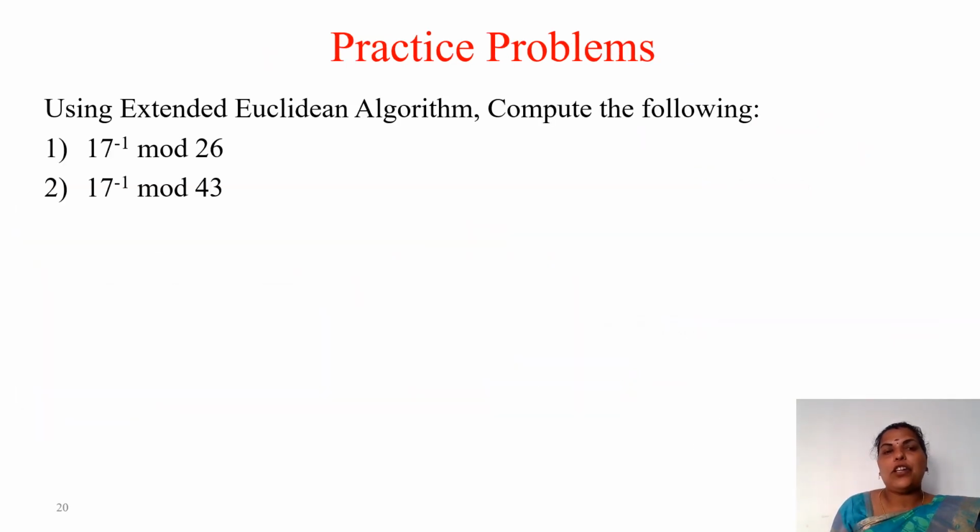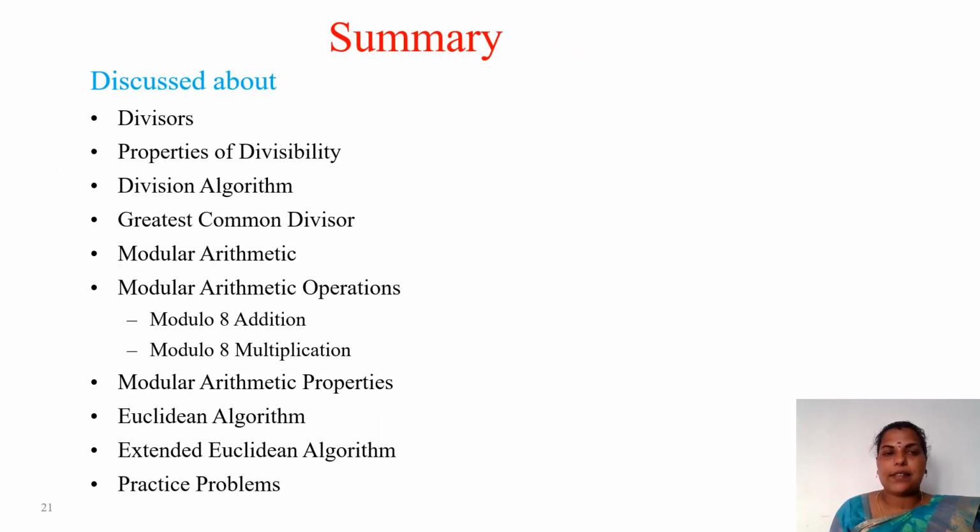I have given you two problems to practice. You have to use the extended Euclidean algorithm to compute 17 inverse mod 26 and 17 inverse mod 23. In this presentation, we discussed number theory concepts like divisors, properties of divisibility, the division algorithm, greatest common divisor, modular arithmetic, and modular arithmetic operations. There we discussed modulo 8 addition and modulo 8 multiplication.